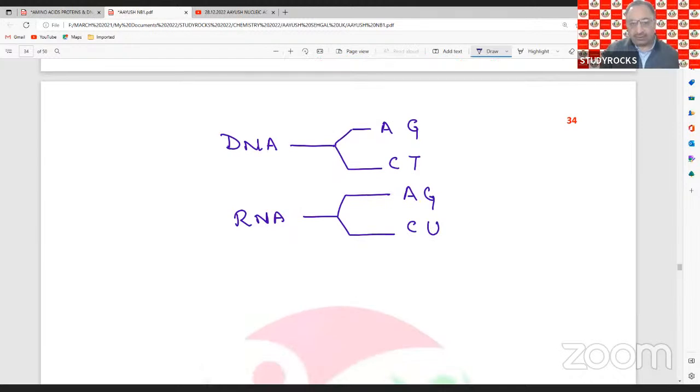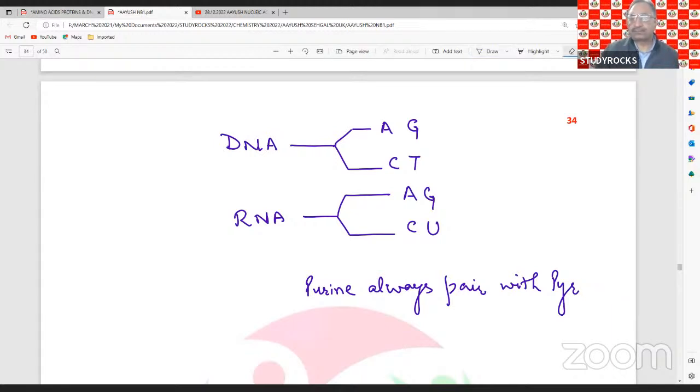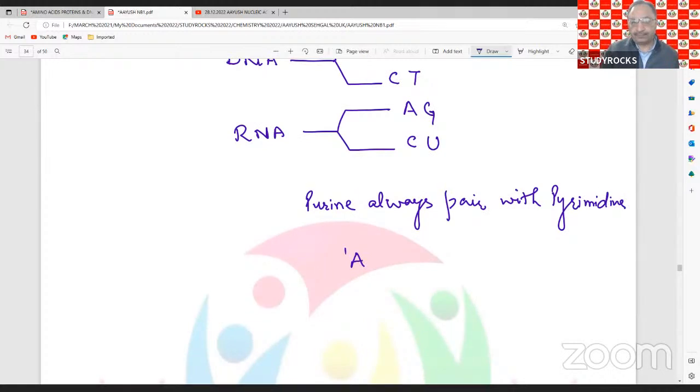Then remember one thing more. Purine always pairs with pyrimidine. Revision of your bio class. And how do they pair?